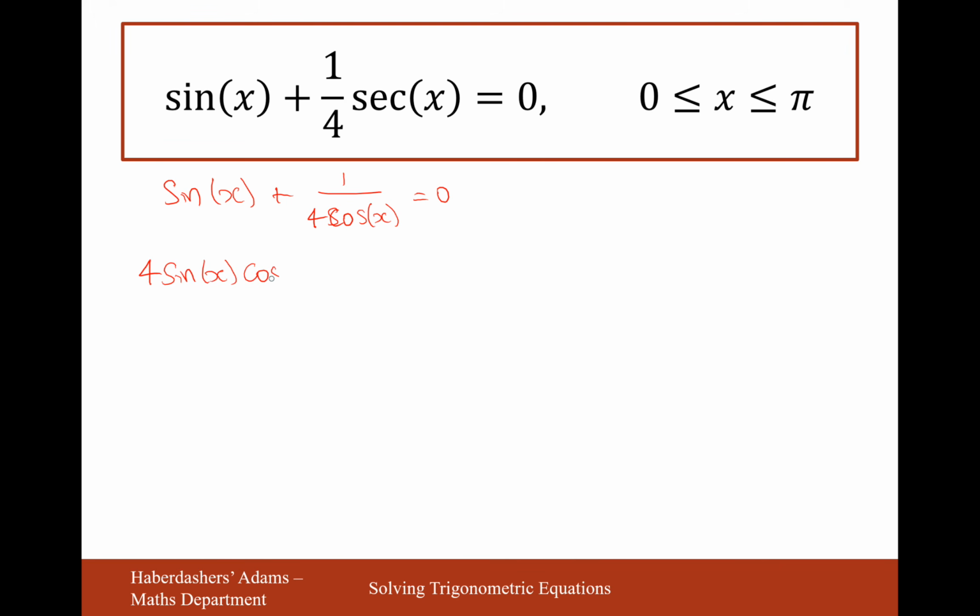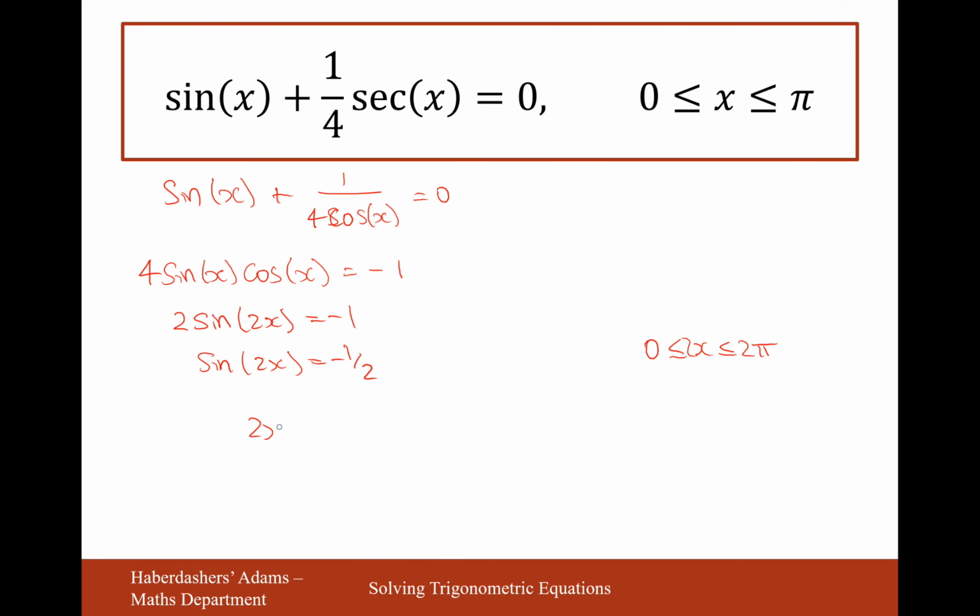I'll do that all in one go. And then use the angle identity, so it would be 2 sine 2x equals minus 1, so sine 2x equals minus half. Double the angles on both sides, so it would be from 2x to 2 pi.